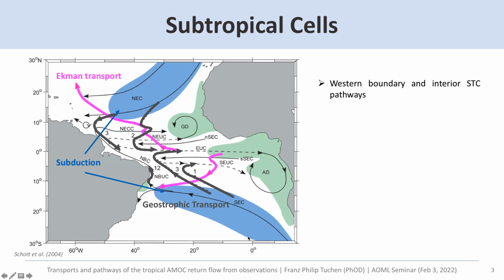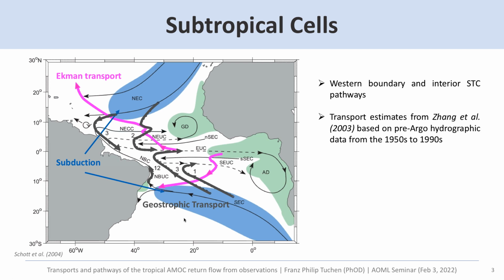In principle, there's also a third possibility for subducted water besides the western boundary pathway and the interior pathway, which is for the case when they are reaching the western boundary too far south, at least in the case for the southern hemisphere, too far south of the bifurcation area of the SEC. So then these water parcels are just recirculated within the subtropical gyre and do not participate in this overturning circulation associated with the STC. Okay, but keep in mind there are two different pathways, interior and western boundary pathways.